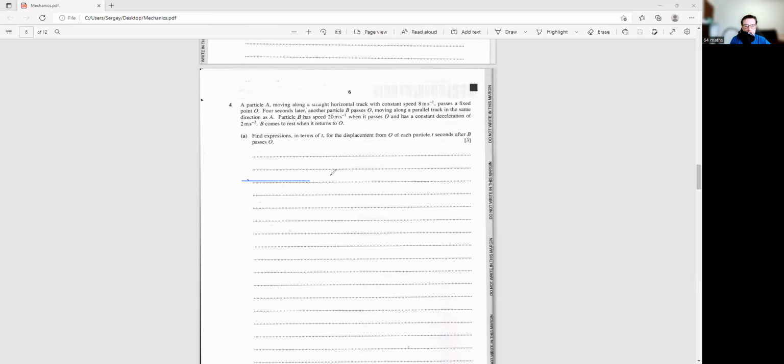So let's draw it somewhere here. Particle A, and it's moving with 8 meters per second. And it was passing some fixed point O. Okay, cool. Now, 4 seconds later, another particle B passes O.